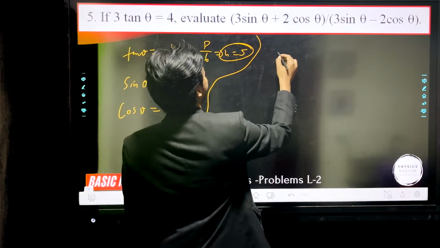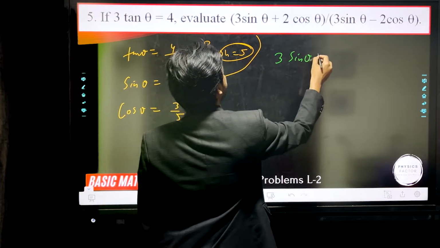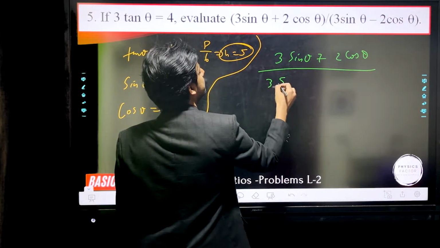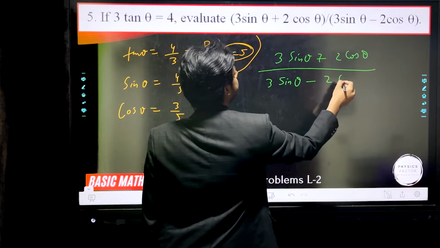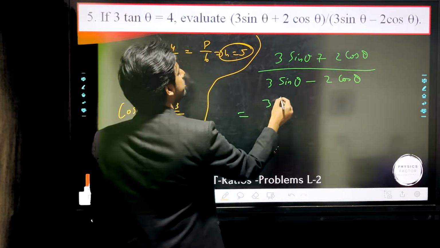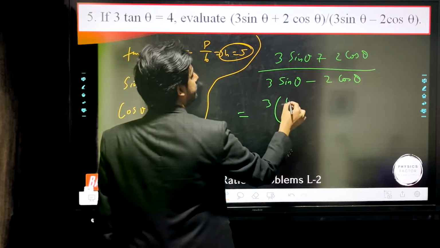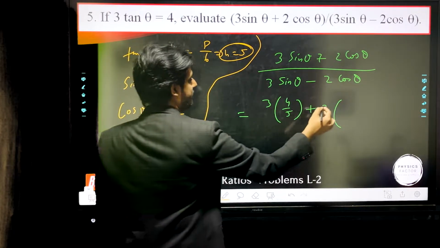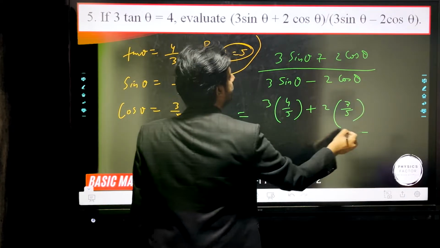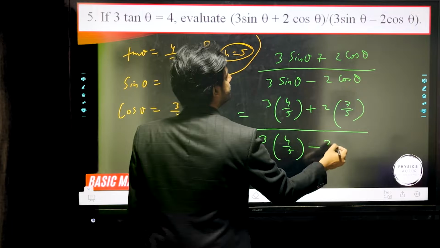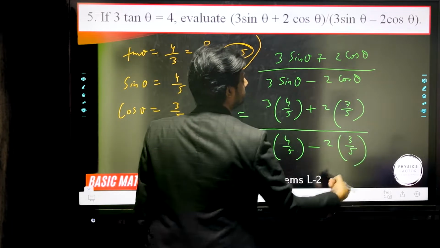Now based on these values we can find out the expression value. So I'll write the expression first: 3 sin theta plus 2 cos theta upon 3 sin theta minus 2 cos theta. Let's substitute the values. 3 into sin theta, which is 4 by 5, plus 2 into cos theta, which is 3 by 5, upon 3 into 4 by 5 minus 2 into 3 by 5.